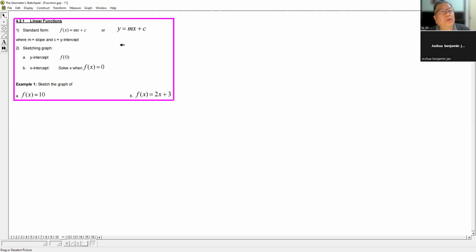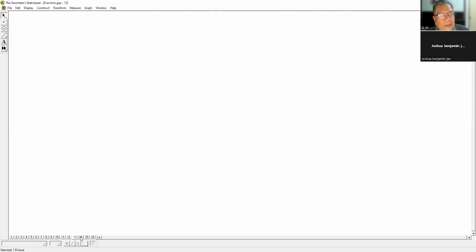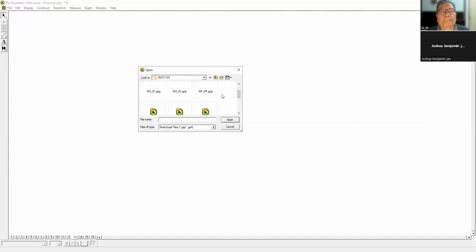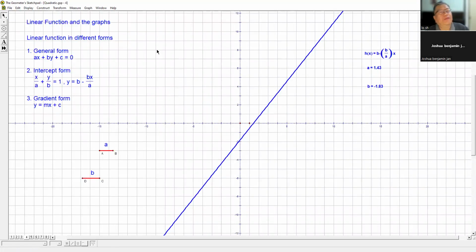Now, we want you to know how to draw this. Okay, so now I'm going to show you how to draw. Okay, so the first type of graph that they want you to know is the linear graph.